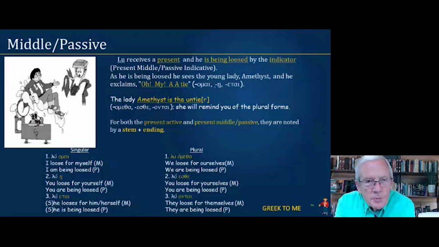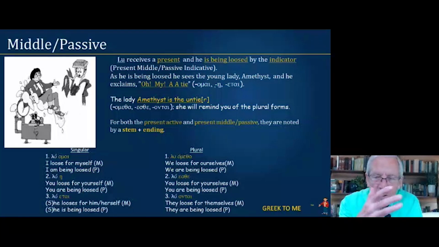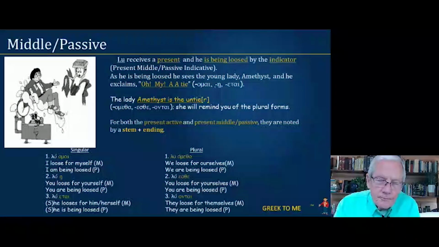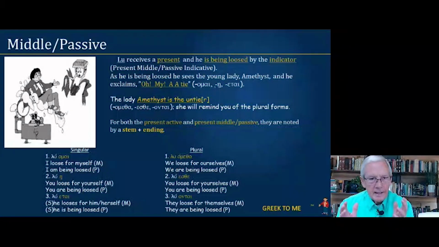As he is being loosed, he sees a young lady who's an amethyst stone. And he exclaims, "Oh my, ei etai." Those are the singular endings.